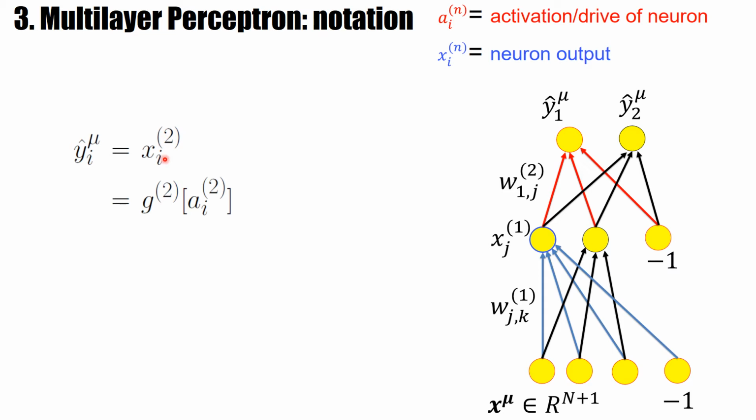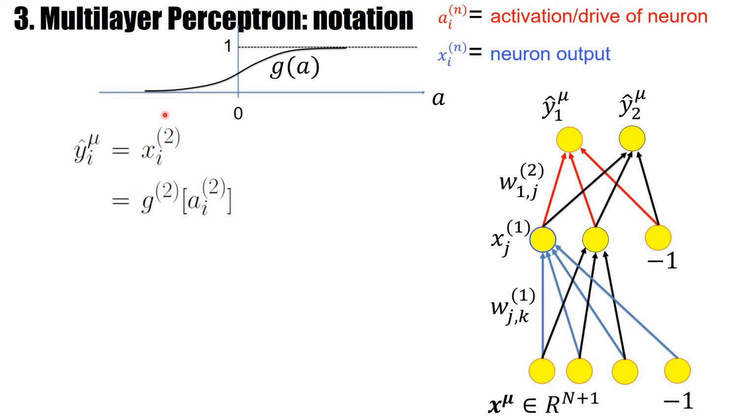Now this neuron i in layer 2 has an output which is a nonlinear transform of its activation, of its total drive. And the relation could be this sigmoidal function or some other functional relation. What can we say about this activation?